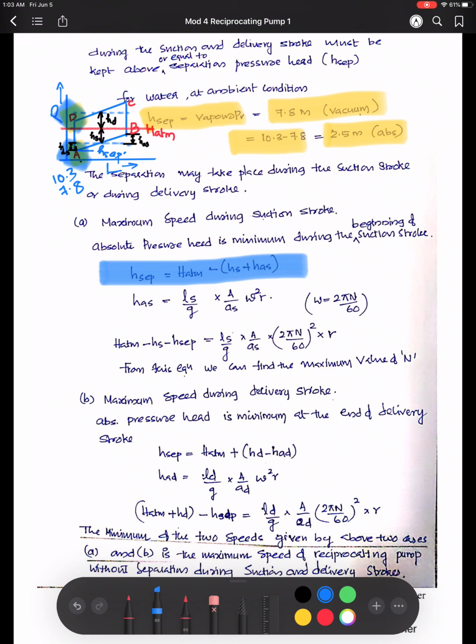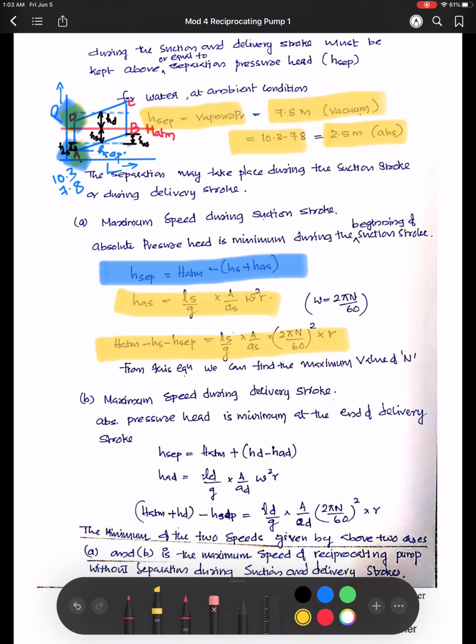Now we know the formula for HAS, that is Ls by g into A by As omega square r. We'll substitute that here and we'll get this equation.